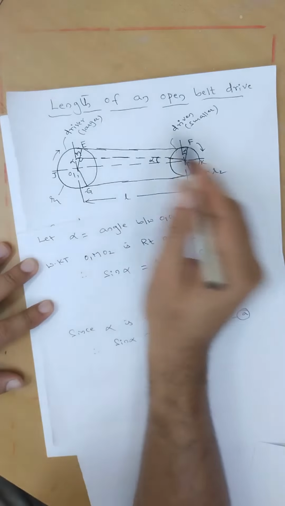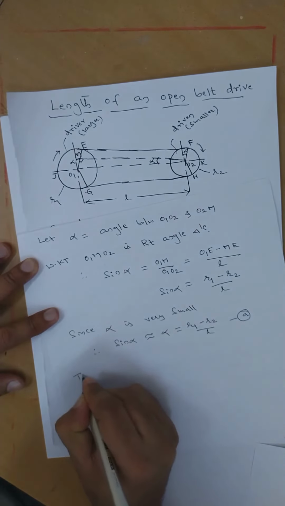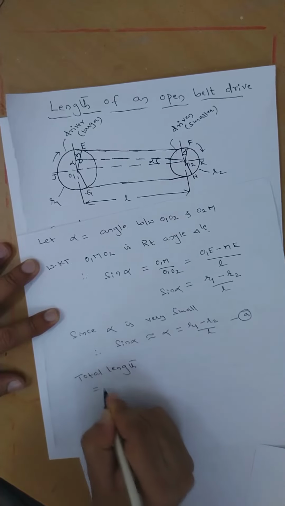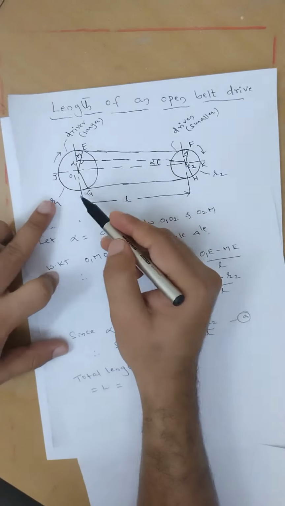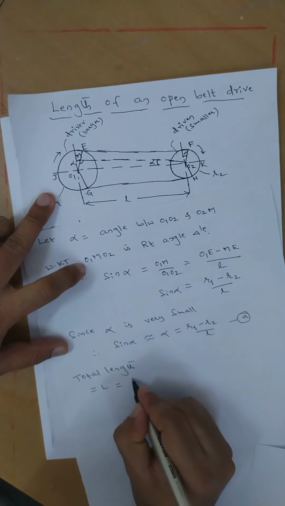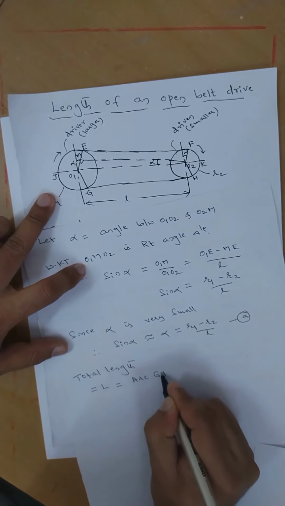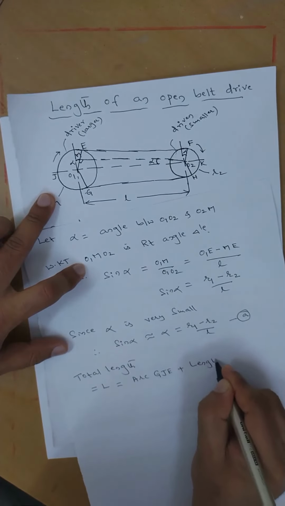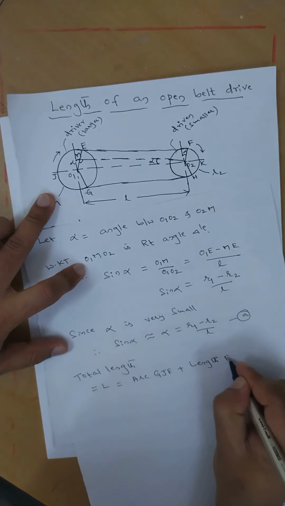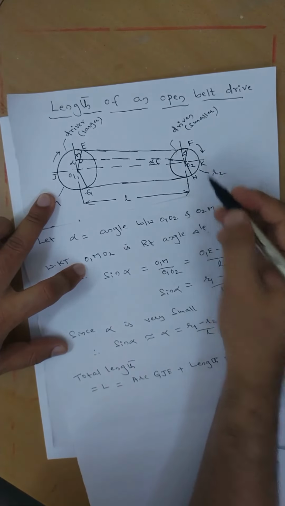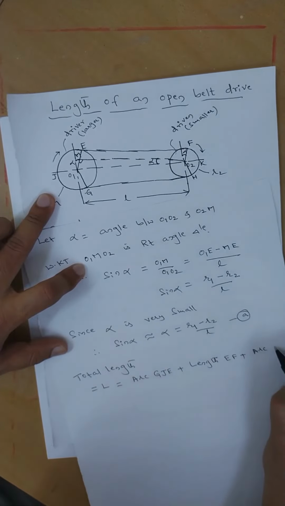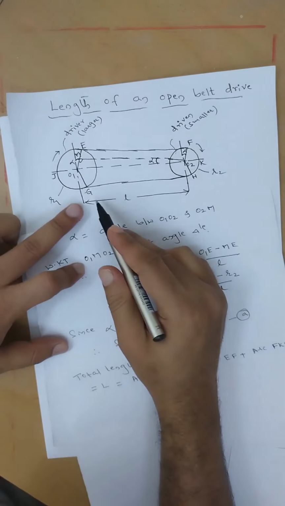I'll write: total length L equals arc GJE plus length EF plus arc FKH plus length GH.